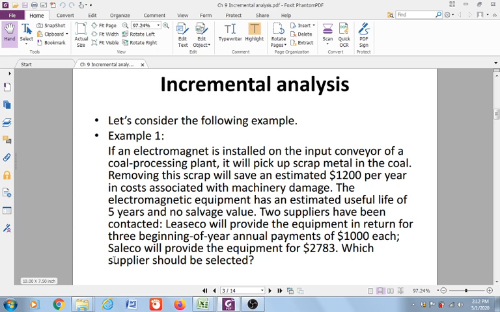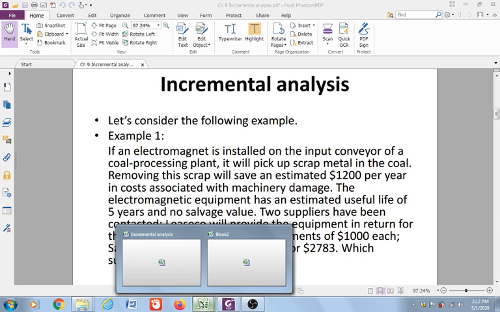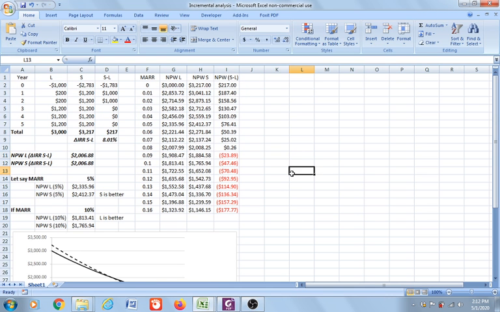Based on example number one, I have the following cash flow. This is the cash flow for LISCO, and this is the cash flow for Selco.